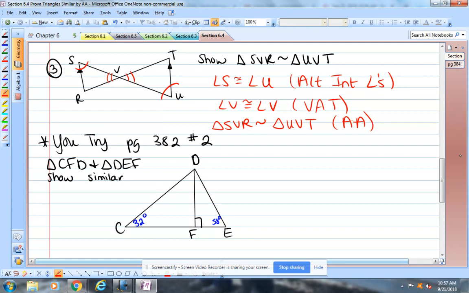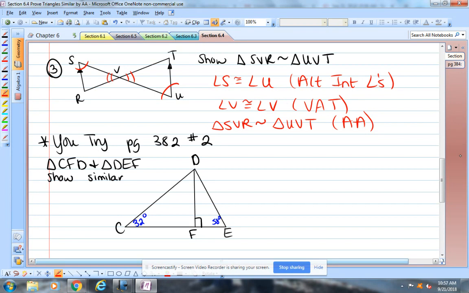Y'all, what is this angle measure right here? 90 degrees. How do I know that? Not because they're both angle F. It's because they make a linear pair, right? Because if I have two angles together that make a line, then I know that together they are supplementary, correct?